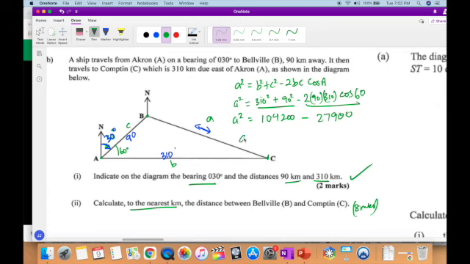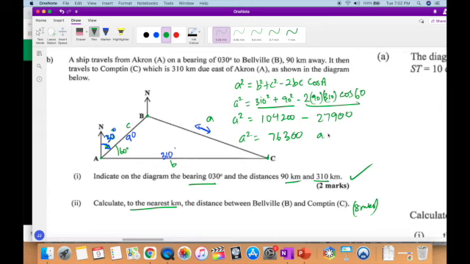So therefore A squared is equal to 104,200 minus 27,900, and that is 76,300.